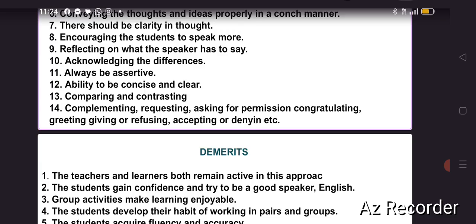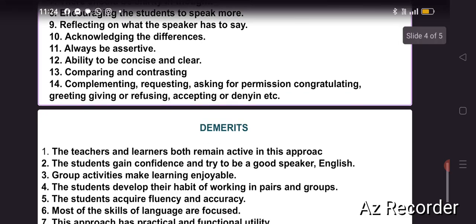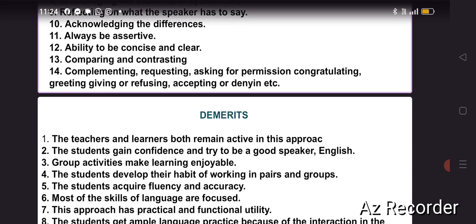we have to tell the student, make small sentences like this: permission, congratulating others, then greeting, giving, refusing. म्हणजे एखादी गोष्ट नको आहे, I don't like this, I do not want this. Just small sentences. As a teacher we have to tell the students, speak in small sentences in the class, with their friends, with family members.